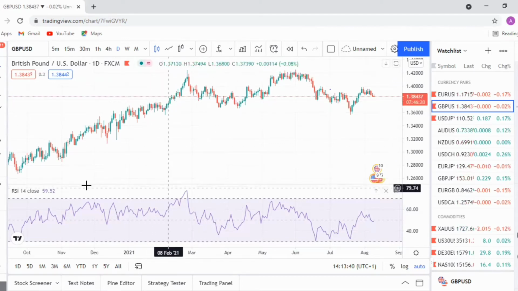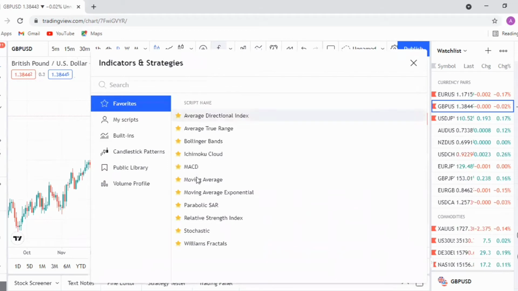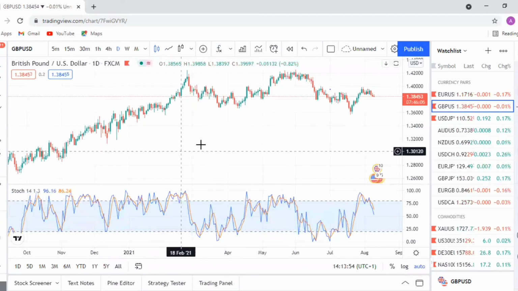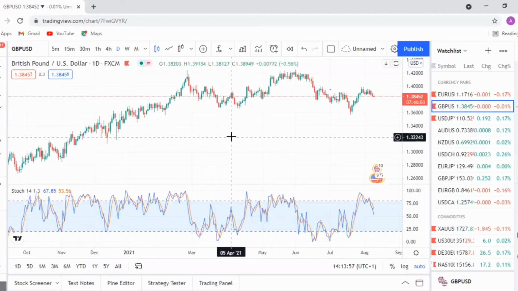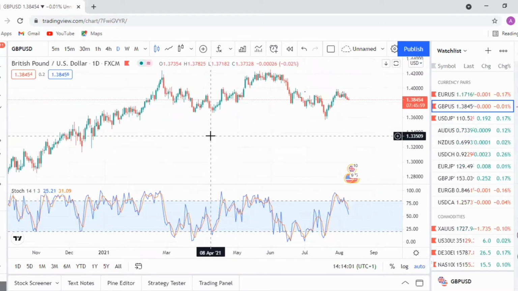Now, let me bring up another indicator. Let me look at the stochastic because it's similar to the RSI. Let's see what the stochastic will do for us.